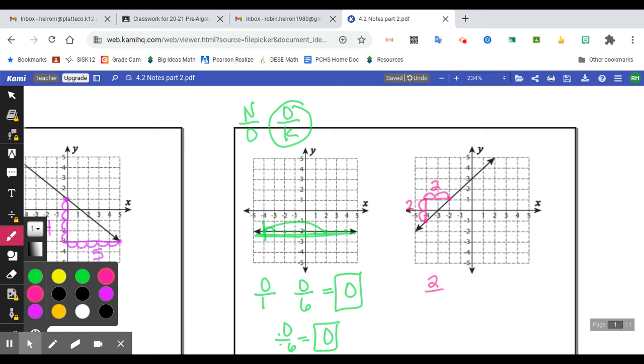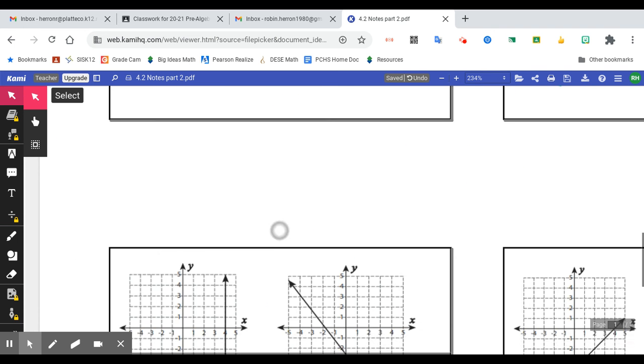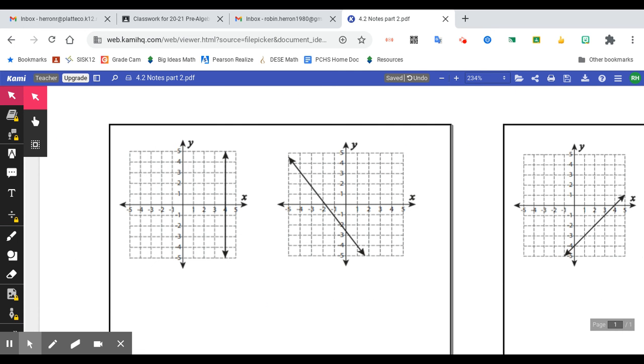So 2 over 2, divide it, and you get 1. Again, if you would have chosen something like where I started but ended up here, you would go up and right again. 1, 2, 3, 4. 1, 2, 3, 4. 4 over 4 still gives you 1. So any 2 will work as long as they're in the right spots. Okay, let's go to the next one.